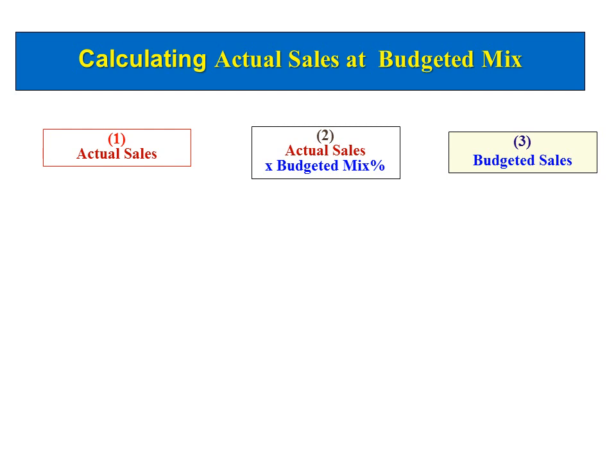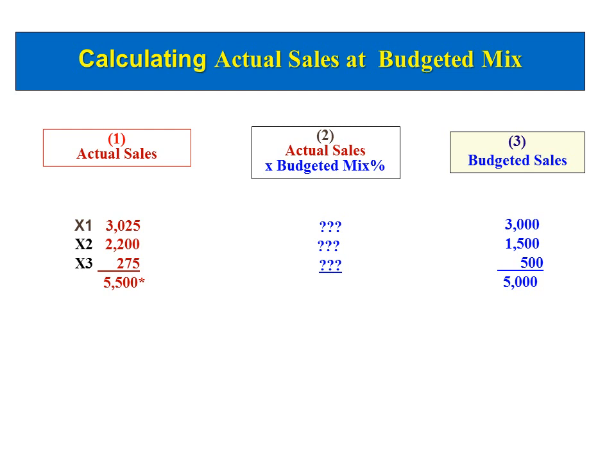Number 1, actual sales units from my table. Number 3, budgeted sales units from my table also. And number 2, in the middle, I want to calculate actual sales using the budgeted mix percentage.